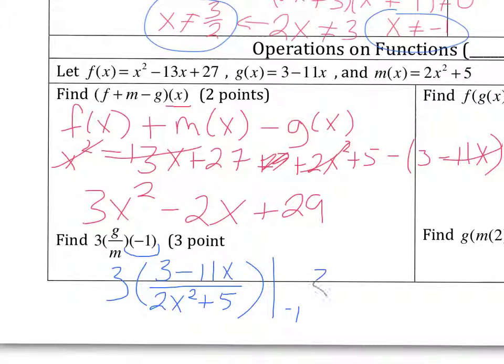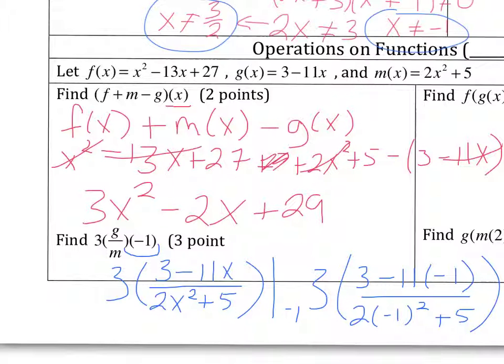That becomes 3 times (3 minus 11 times negative 1) divided by (2 times negative 1 squared plus 5).